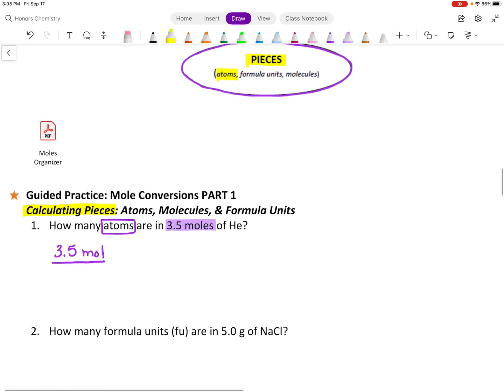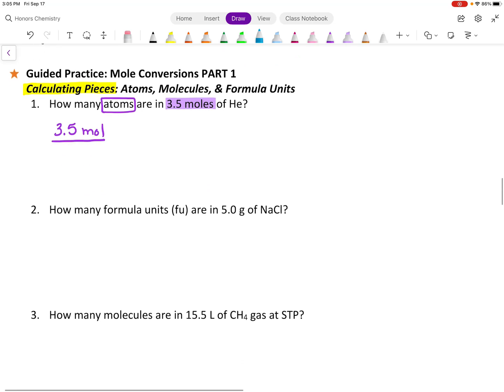I'm going to come down here and enter this exact same conversion factor. One of the things that helps me is using the units to set this up. I see moles are on the top, so I'm going to put per 1 mole on the bottom.